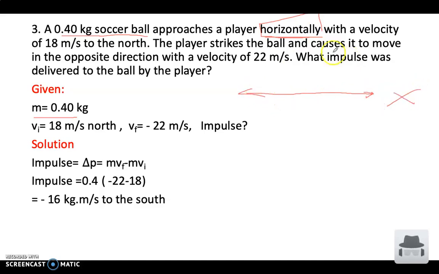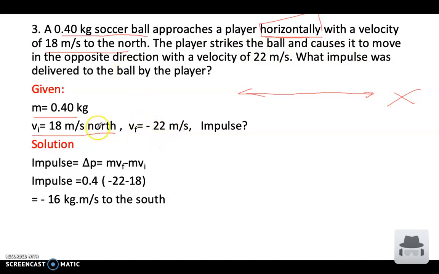X-axis. With a velocity, you write the velocity. Now, the velocity, this is the initial velocity where? North. The player strikes the ball and causes it to move in the opposite direction.